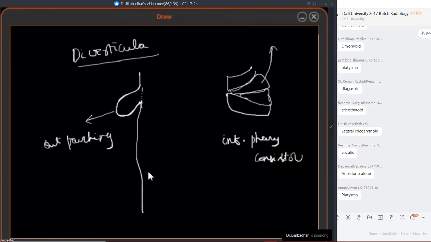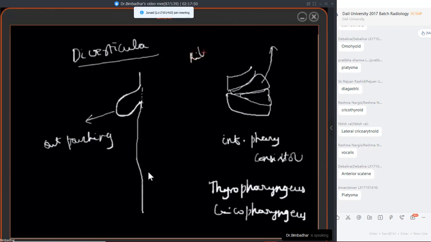These muscles are the inferior pharyngeal constrictor, the thyropharyngeus and the cricopharyngeus muscles. There is a mucosal layer present in between them, which is the weakest part, and that weakest part is called Killian's dehiscence.